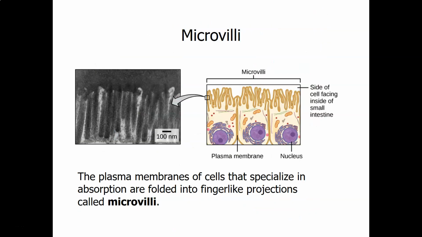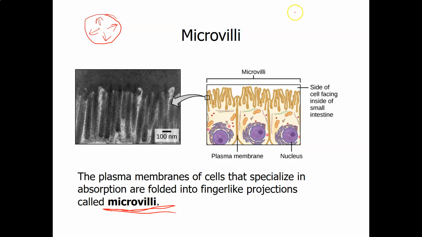Some cells have folded plasma membranes, and those folds are called microvilli. We have cells like this lining our intestines. If this were the inside of your intestines, if you were to just take a cross section, everything that lines the inside of your intestines absorbs nutrients that are produced from breaking down the food that you eat.